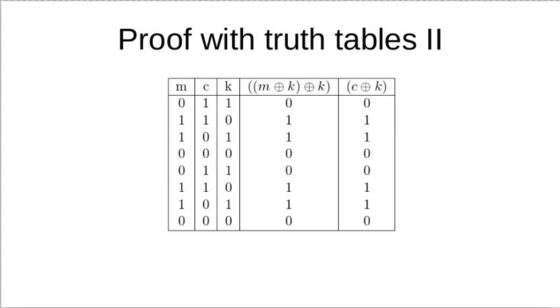And here we have the solutions for the truth table. Remember that I contended that M is materially equivalent to M itself XOR'd by the K twice, which in turn is materially equivalent to C XOR'd with K. And we can see that this is true because if we look at the M column, the M XOR'd with K twice column and the C XOR'd with K column, if you examine the rows, they are all equal to each other in all possible interpretations, no matter what C or K is.